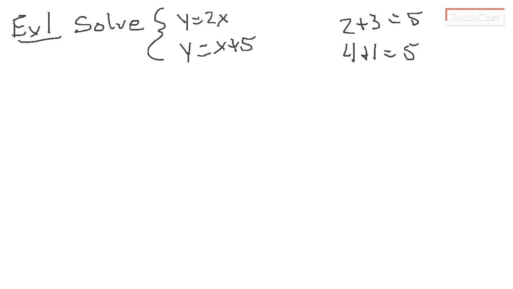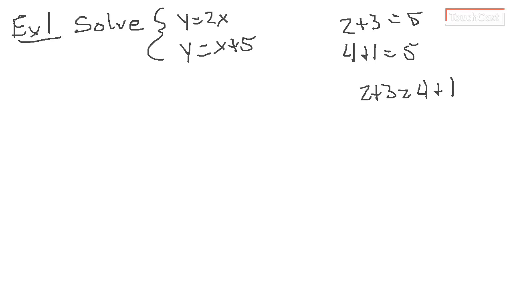So the question I'm wanting you to ponder, since both 2 plus 3 and 4 plus 1 equal 5, can we say 2 plus 3 is equal to 4 plus 1? And what I'm hoping you're saying to yourself is, yes, they are the same because they're both equal to 5.